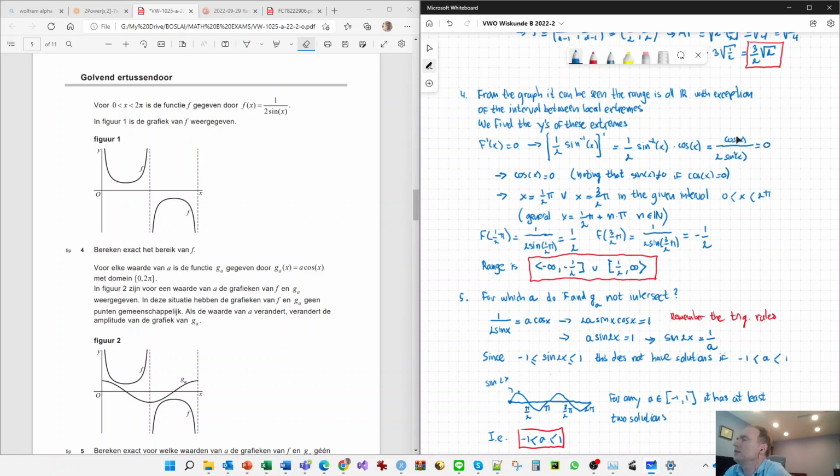So you get cosine of x divided by 2 sine squared of x. And we want to set that to 0. That happens when cosine of x is equal to 0, in which case the sine of x cannot be 0, so we won't run into trouble there.